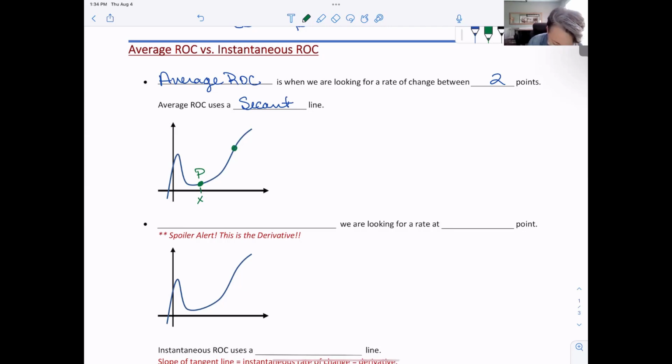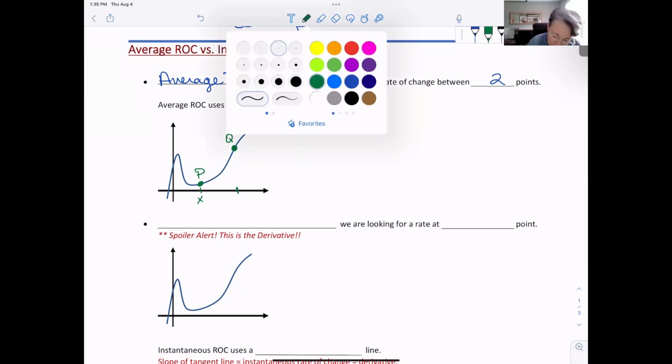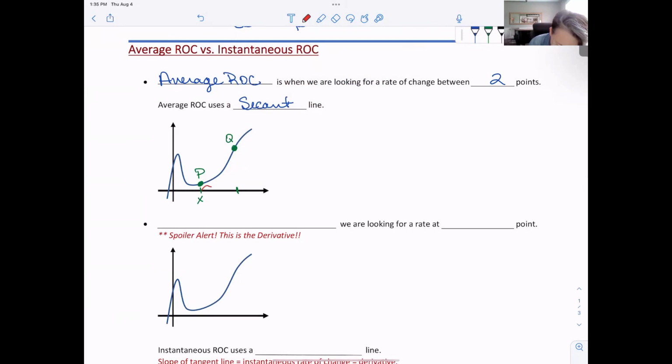And we'll say a point Q up here somewhere that occurs at another value of x. We can say that the distance between these 2 x values is h. So we can refer to this second x value as x plus h.